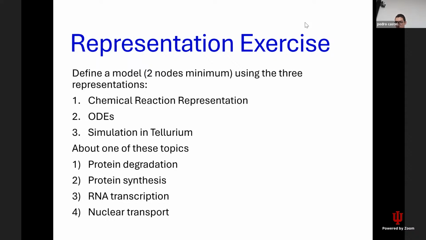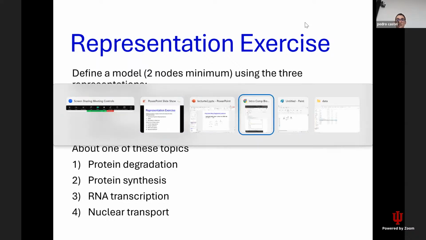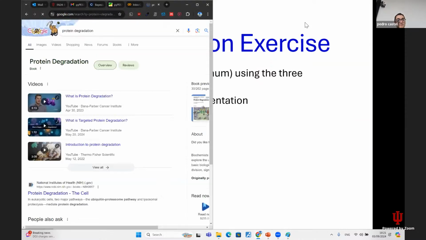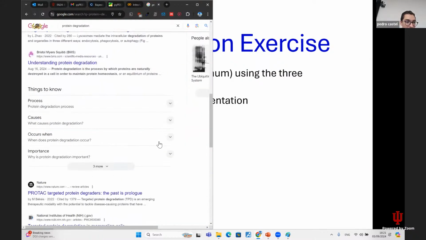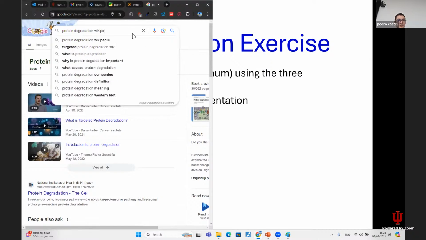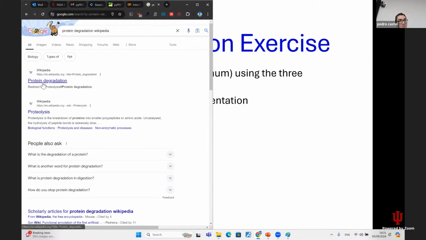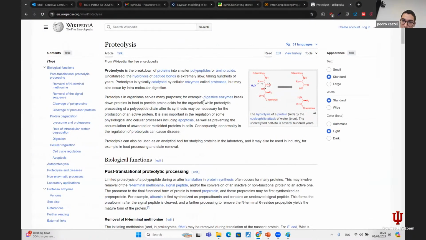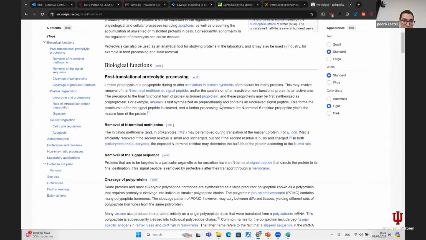That's not something you want to model, like explicitly the amino acids. But maybe I should show that then. If you come here and you say protein degradation, and let's go to Wikipedia. Protein degradation. Proteolysis. Let's take a look at this.